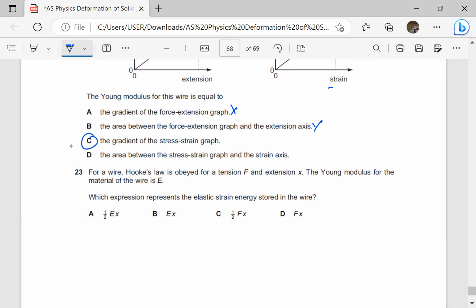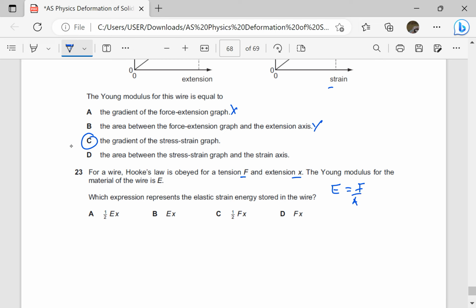For a wire, Hooke's law is obeyed for a tension F and extension X. The Young modulus for the material of the wire is E. Which expression represents the elastic strain energy stored in the wire? We know E, Young modulus, is equal to the stress, which is force over area.